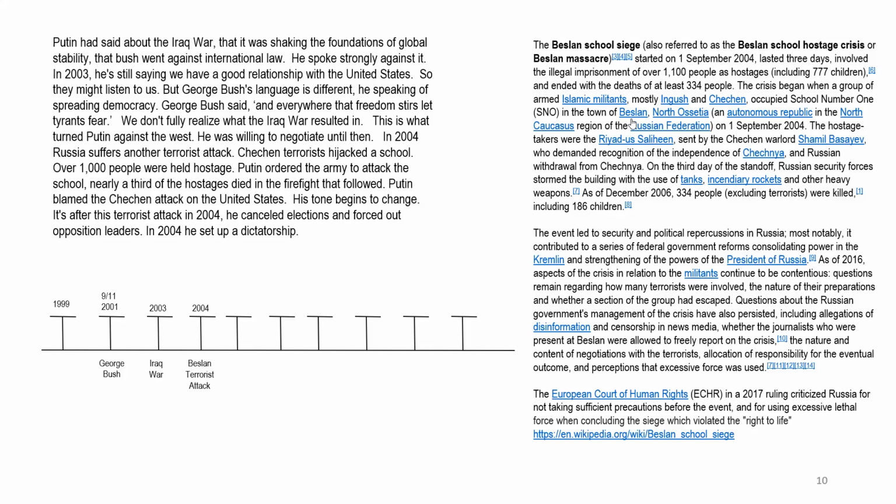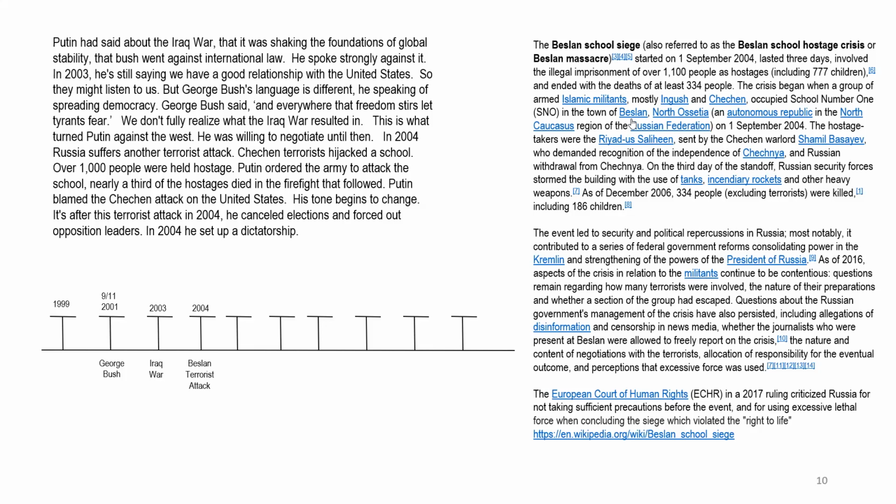The Beslan school siege was referred to as the Beslan school hostage crisis, the Beslan massacre. It started on the 1st of September 2004 and lasted 3 days. It involved the illegal imprisonment of over 1,100 people as hostages, including 777 children, and ended with the death of at least 334 people.